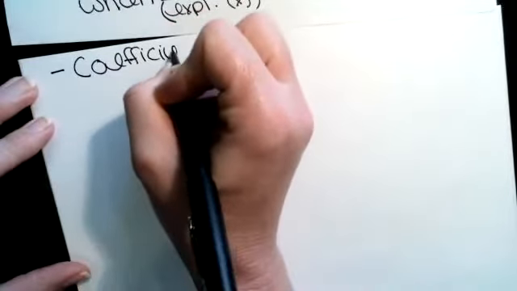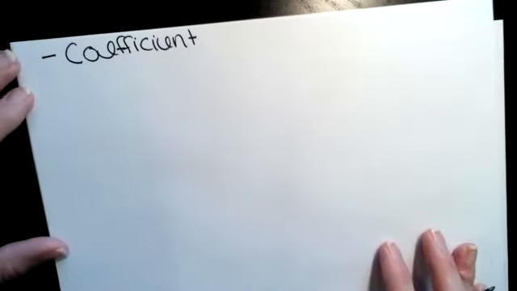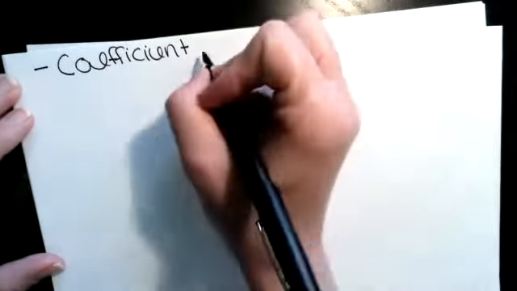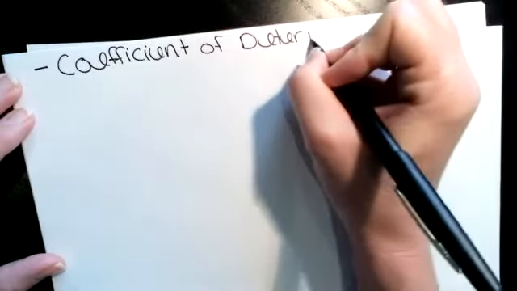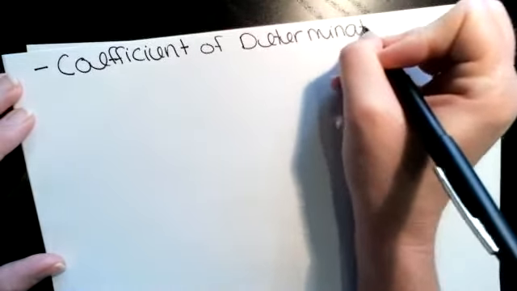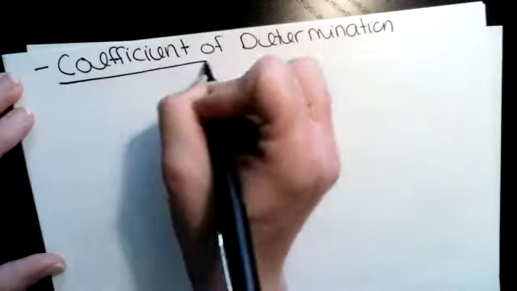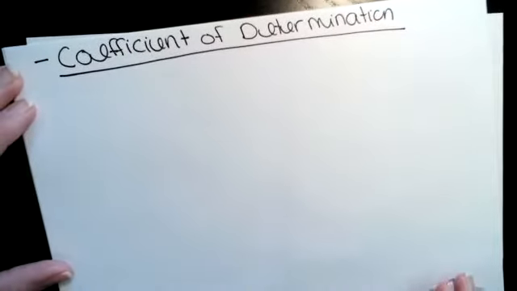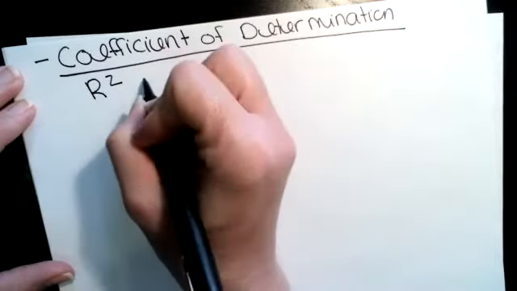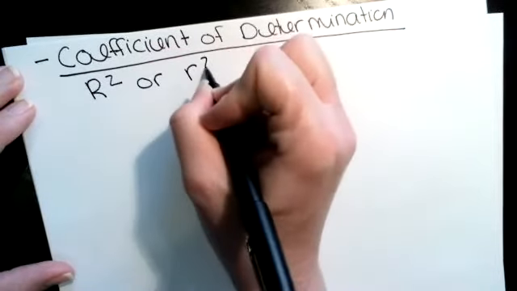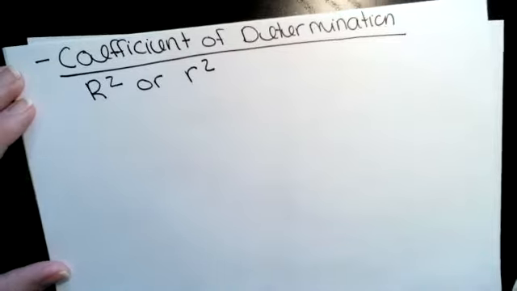That's the next thing we're going to talk about. And this is why I don't like to call r a coefficient, because r squared is called a coefficient. Coefficient of determination. We're going to see some different notation, but we have capital R squared or lowercase r squared.